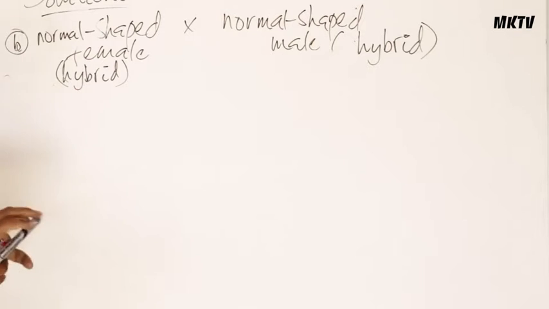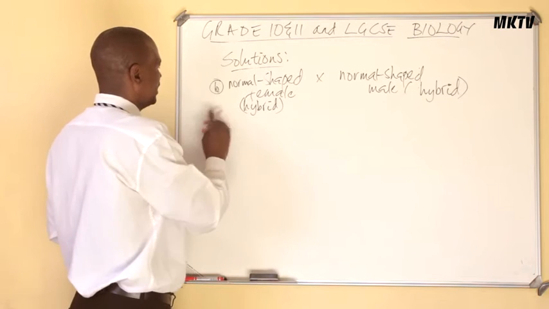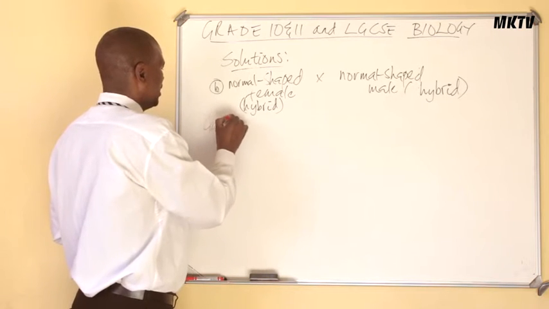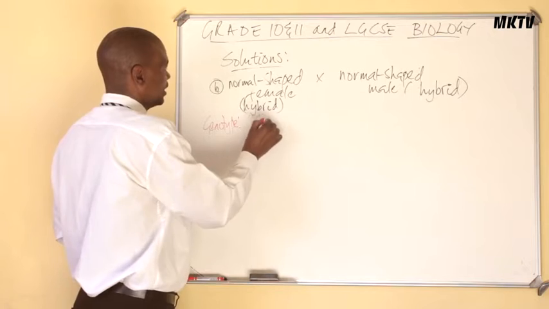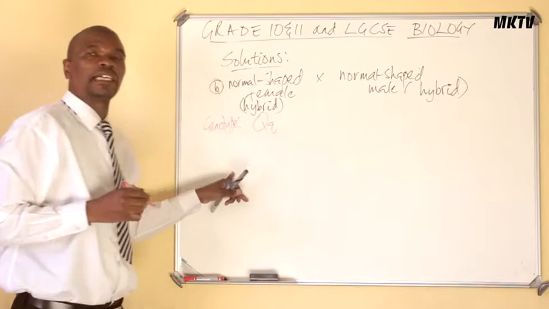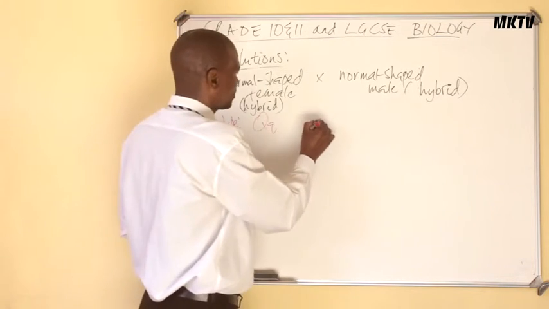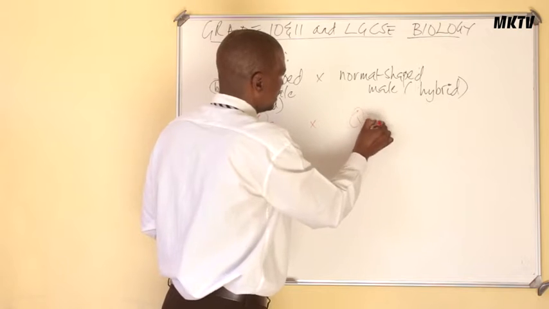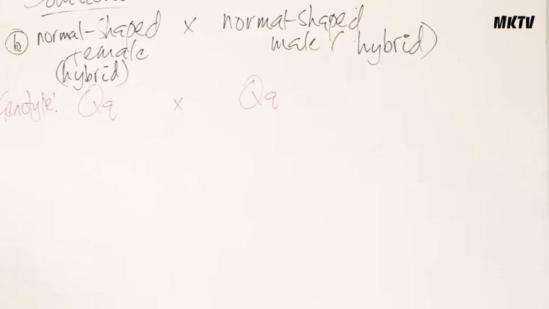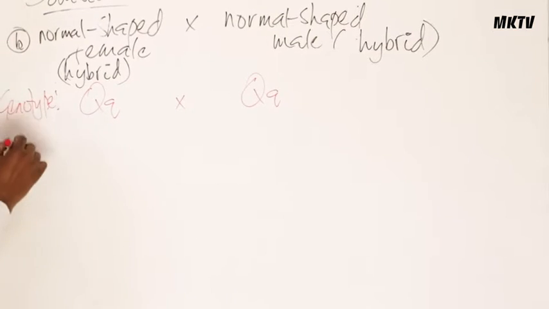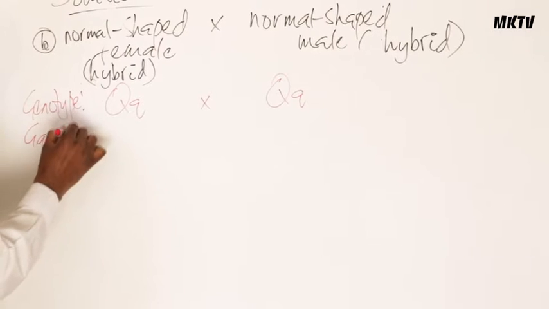What do we mean by a hybrid? It has to have 2 different alleles. So the genotype of the hybrid is a small q together with a capital Q, and then it's crossed with the same thing this side, a small q and a capital Q. Therefore, these are the genotypes. We come to the stage of gametes.